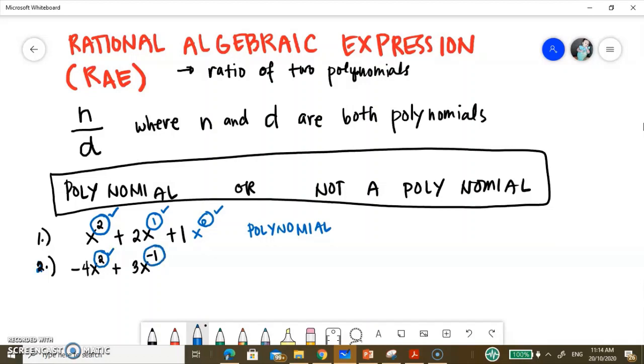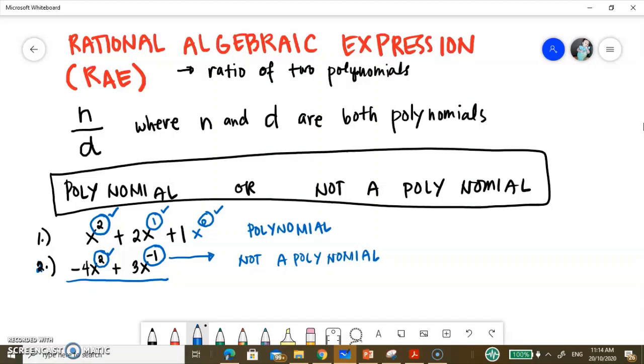Okay, but this one would tell us that the whole algebraic expression is not a polynomial. Okay? Because if you recall what a polynomial is, the exponents of our polynomial must be whole numbers. And then, the variables cannot be inside a radical sign or be in the denominator.